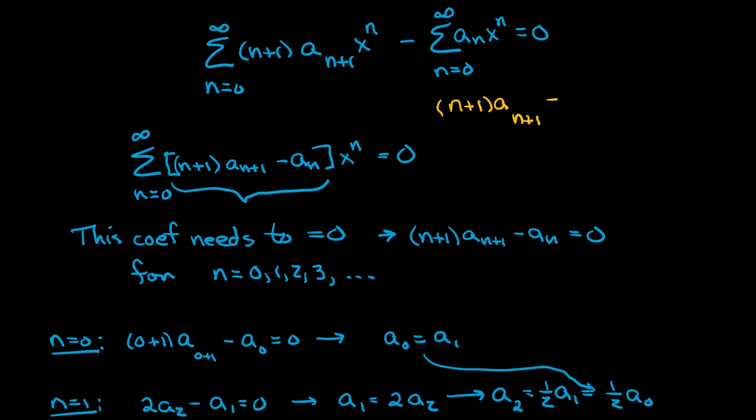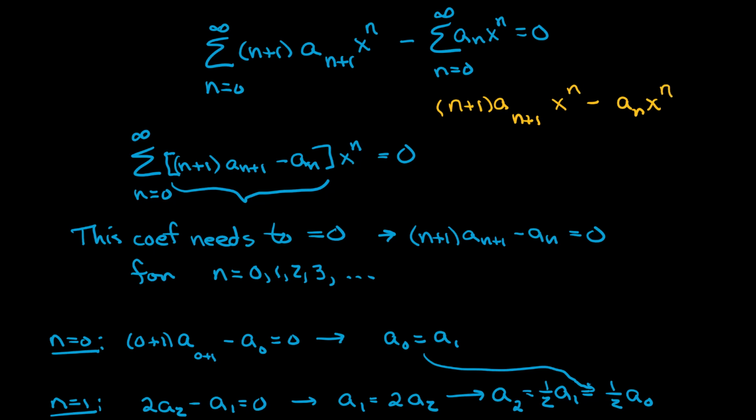Then I'm going to have minus a sub n, and both of these are going to be times x to the n. If you prefer, I could have written this as each term is going to be in the form x to the n minus a sub n x to the n.